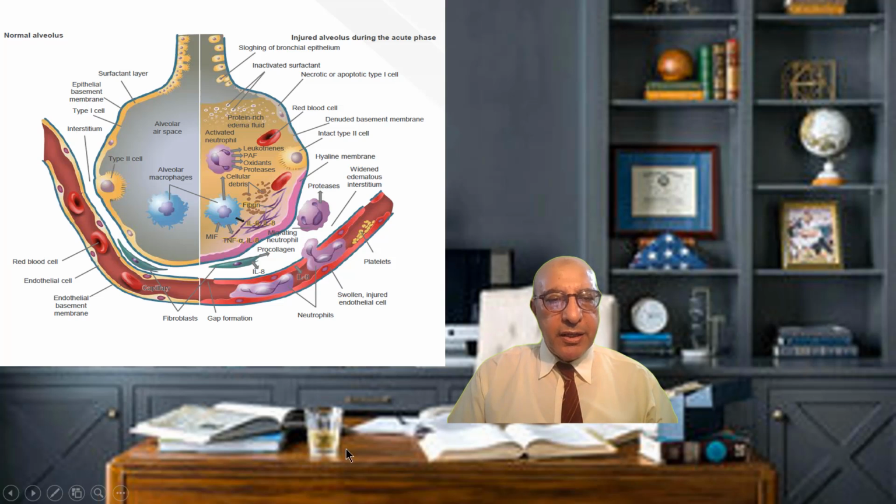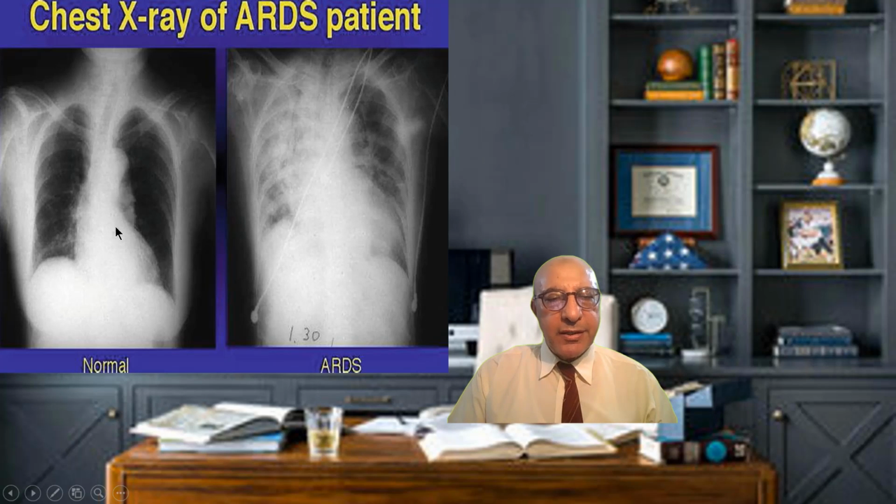This we can see clearly in this X-ray again. On the left side, we have a normal healthy lung, all aerated, that's why it looks black. While on the right-hand side, we can see the infiltration, the consolidation of the lung, mostly bilateral, due to the presence of the fluid in the alveoli.